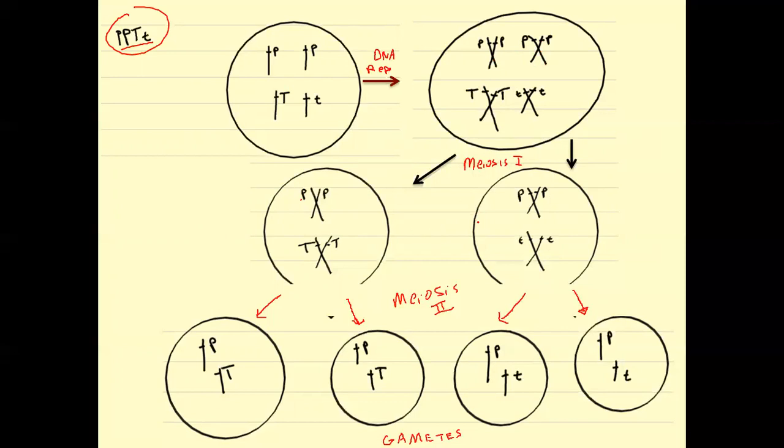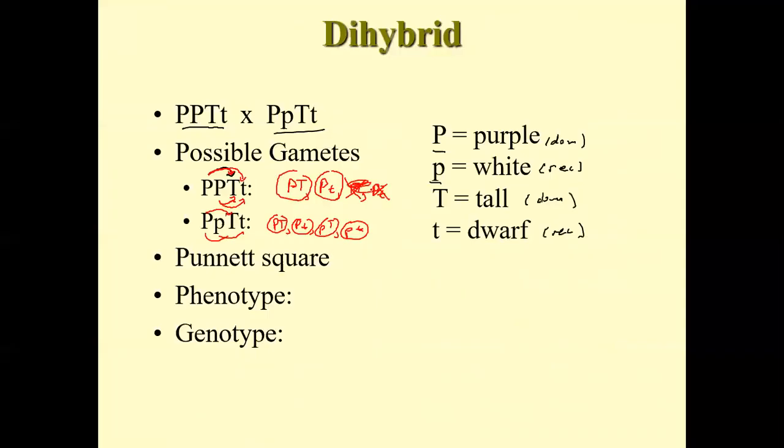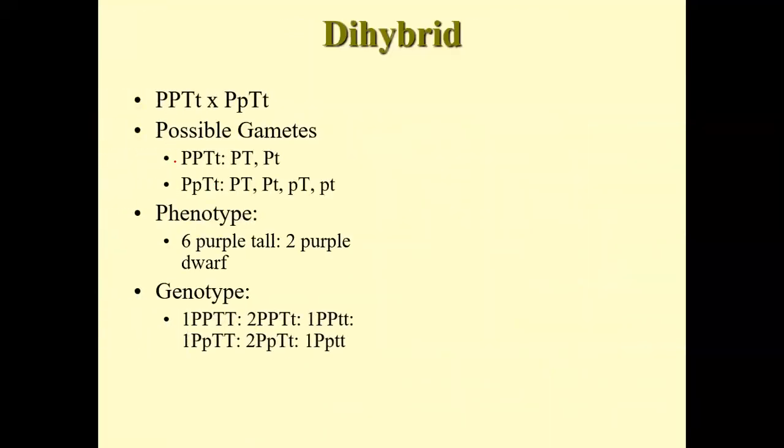So after meiosis 1, they separate out, but here's my 4 gametes at the end. Big P, big T, big P, big T, big P, little t, big P, little t. Okay, so this basically shows the relationship of meiosis to what we did here for this particular genotype.